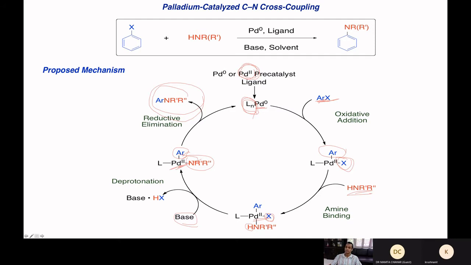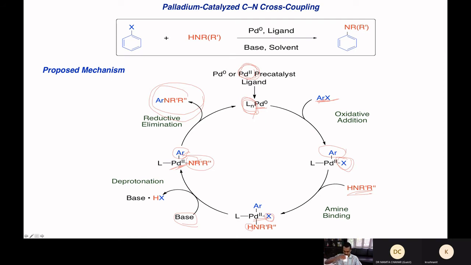Not only that, you can react ammonia with bromobenzene so that you can get even aniline, right? Even the primary amine synthesis can be possible. Okay, from ammonia and bromobenzene, a similar mechanism should give you aniline synthesis, right? This is a wonderful transformation.